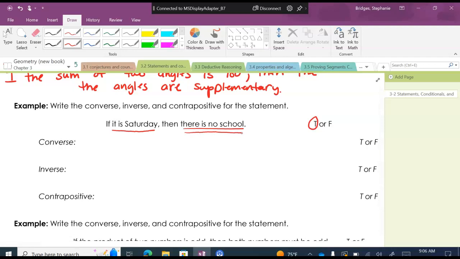So what I want you to do first is write converse next to where it says converse. Remember, the converse is just taking that hypothesis and conclusion and switching them around. That's why we identified the hypothesis and the conclusion, okay? So rewrite that statement and switch your hypothesis and your conclusion.